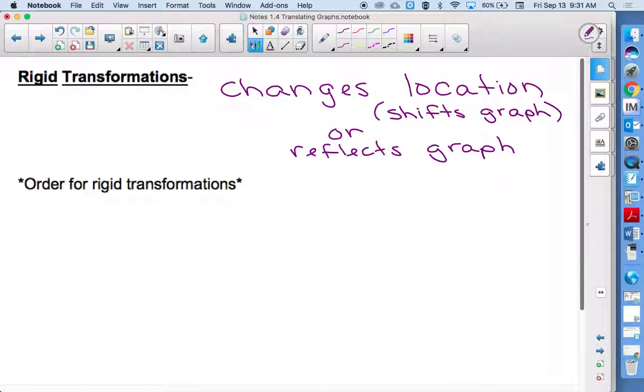A rigid transformation does not change the size of the graph or the shape of the graph. So a rigid transformation is literally shifting left, right, up, down, or flipping the graph.